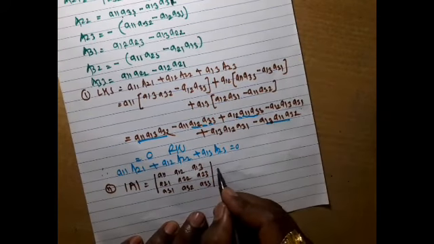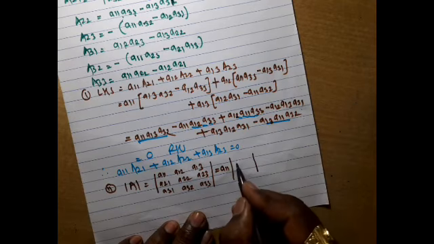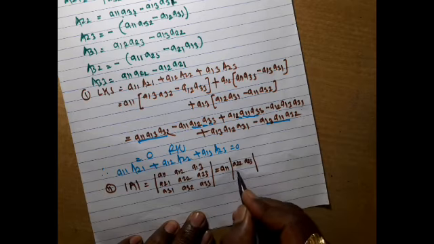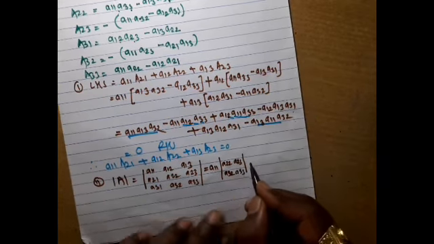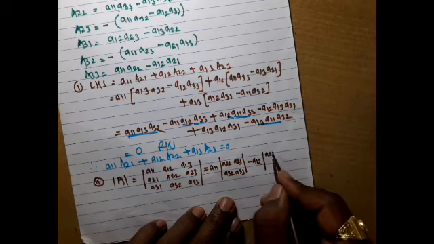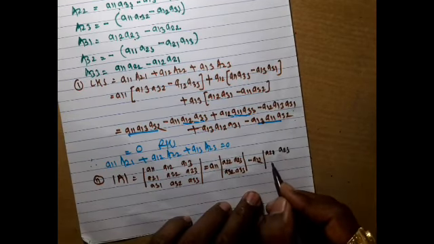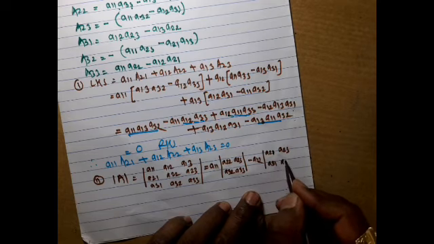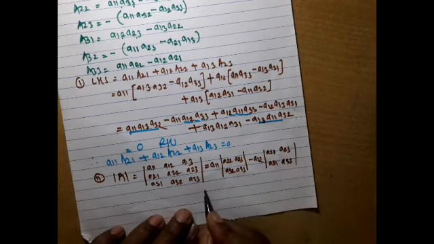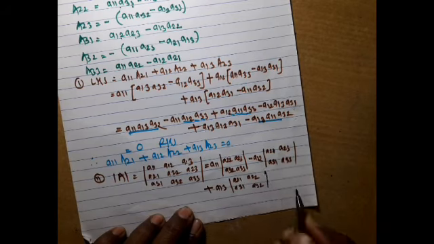Expansion row-wise, it is a11 into the minor obtained by deleting the corresponding row and column, minus a12 into a21, a23, a31, a33, plus a13 into a21, a22, a31, a32.